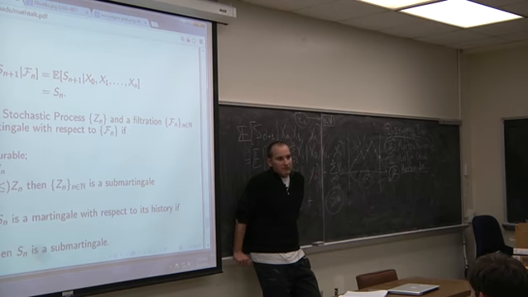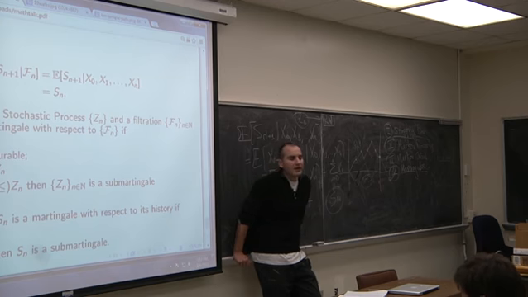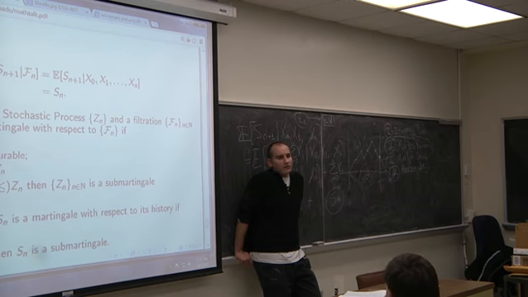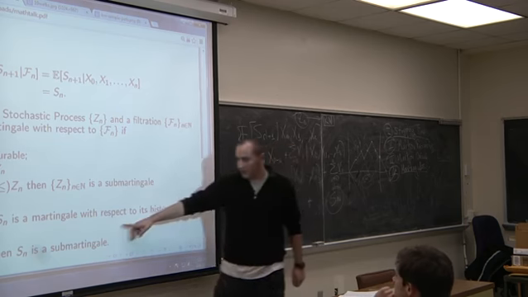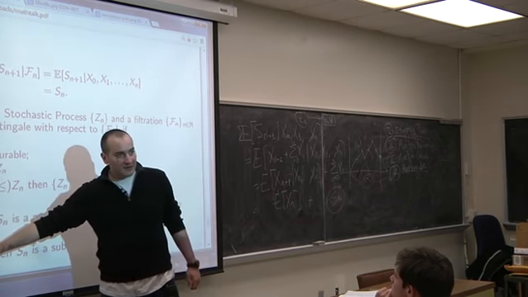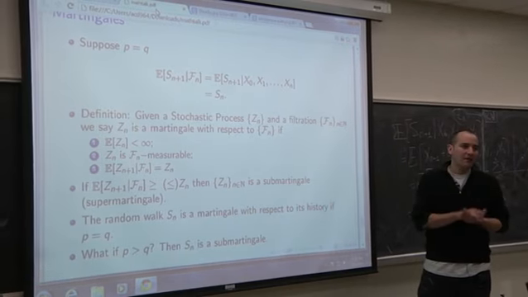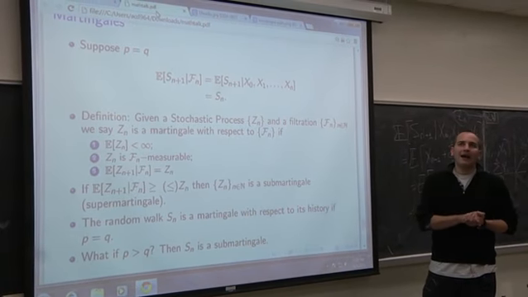I can cook up an example in which I don't have a Markov process, but still have a martingale. But if it is a Markov process, then it must be a martingale? No, the example is here: if the random walk is not balanced. Or if it's a Markov process, does it have to be one of the three, submartingale, supermartingale, or martingale?